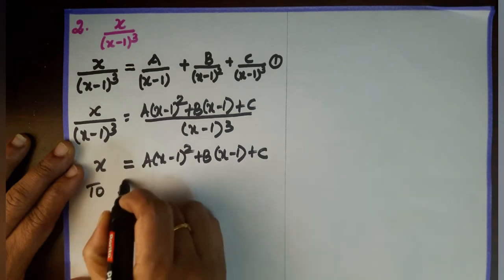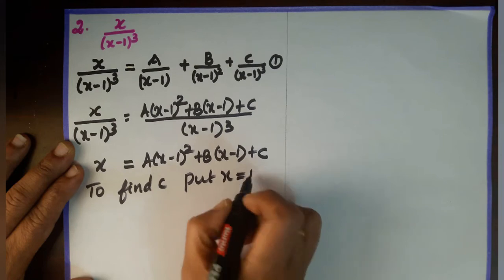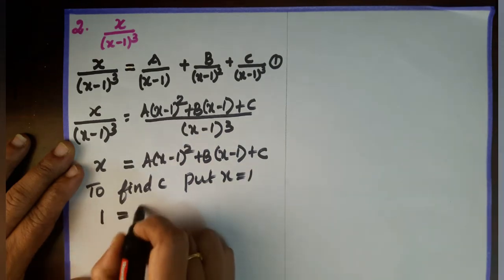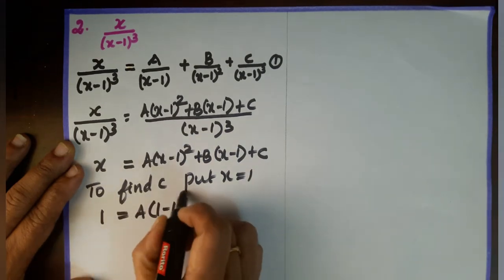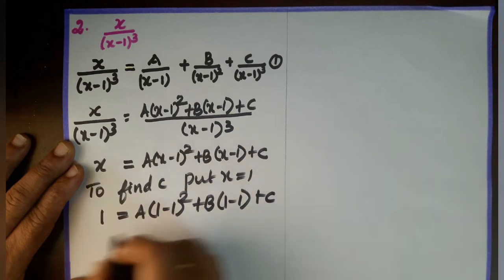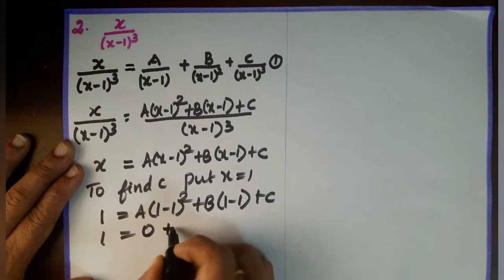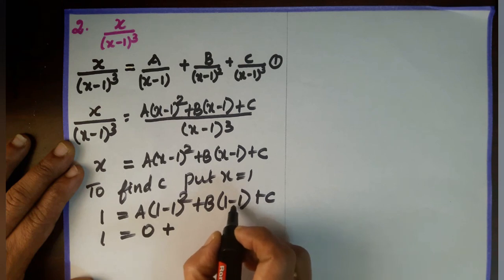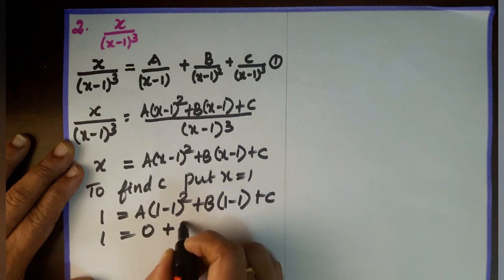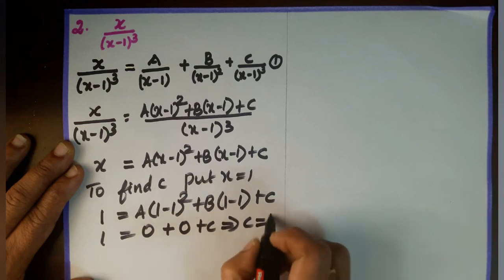To find C, put x equal to 1. Then we get 1 equal to A into 1 minus 1 the whole square plus B into 1 minus 1 plus C. 1 minus 1 will become 0, so the first term will become 0, and the second term is 0 into B, which is also 0, plus C, which gives C equal to 1.